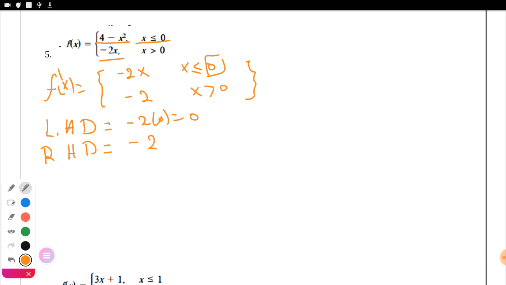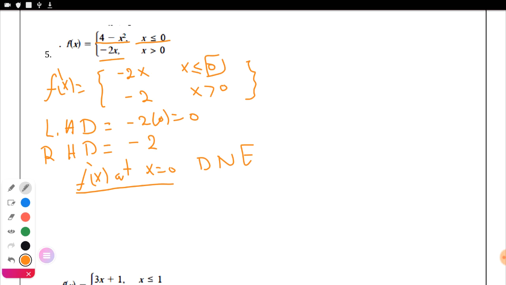Since the left hand derivative is not equal to the right hand derivative, the derivative at x equals 0 does not exist. Or another way, you can write f prime of 0 does not exist. So x equals 0 is a critical number. Here the function is not differentiable at x equals 0.